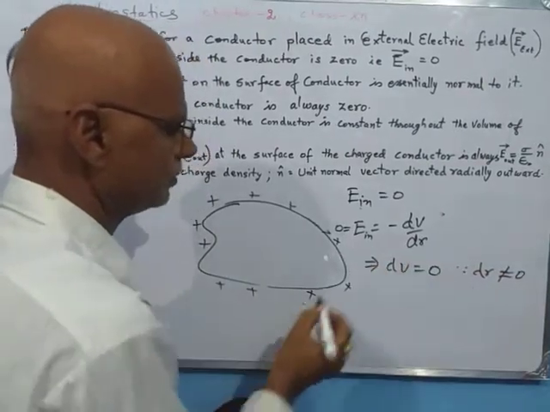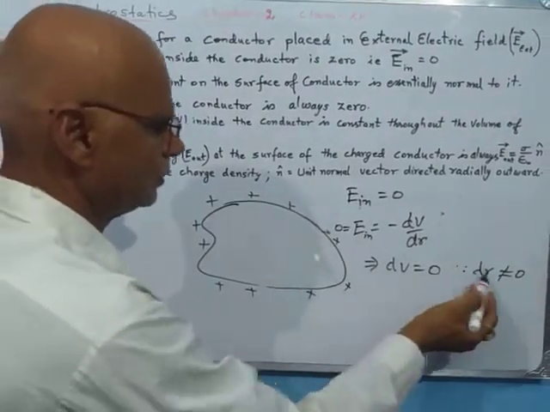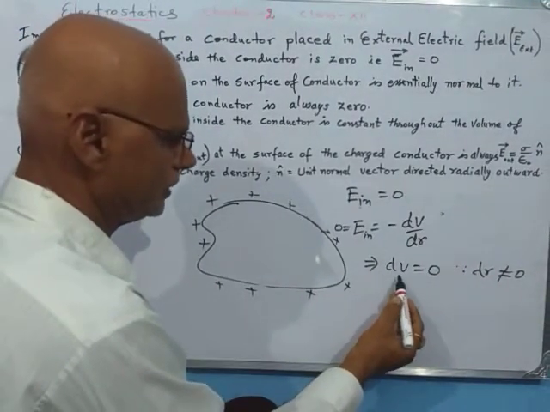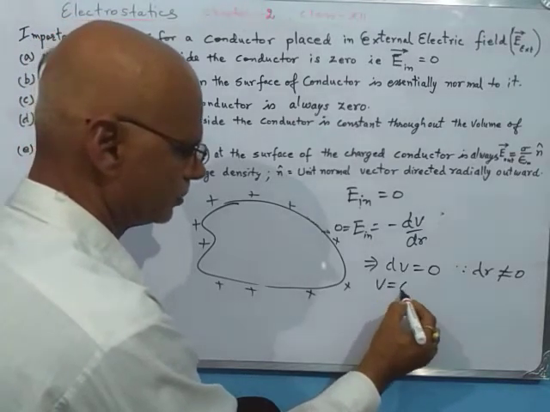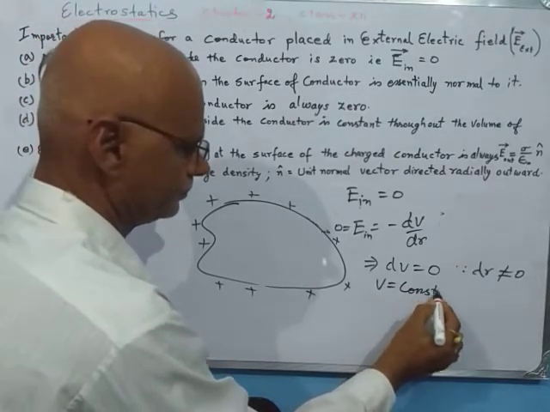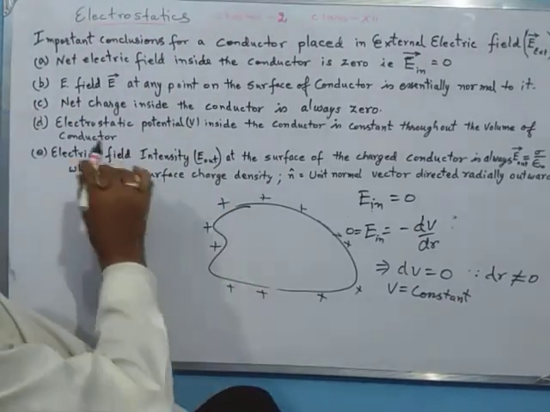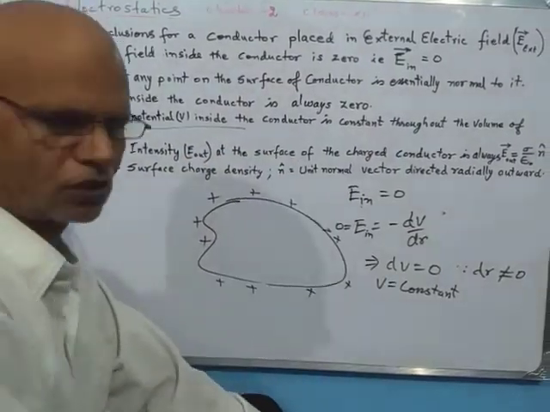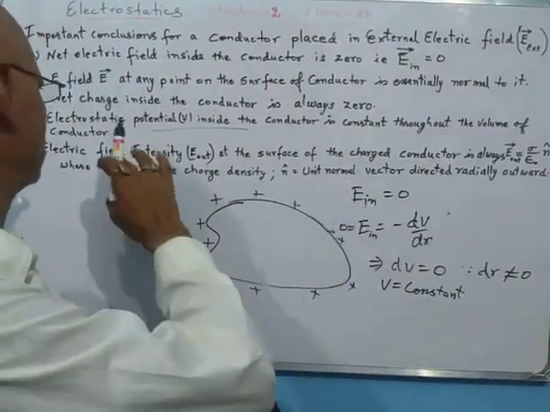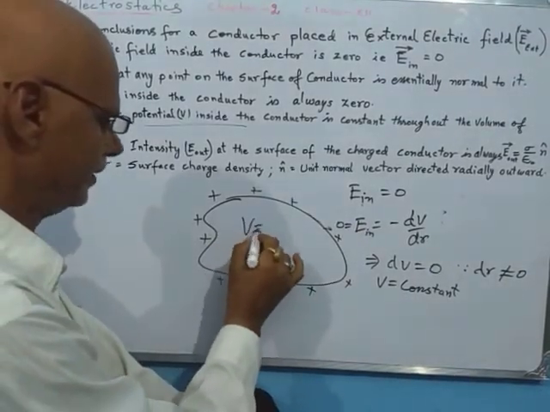It is a movement from one point to another for producing a potential gradient, so the change in potential is zero. That means potential is constant. So the electrostatic potential inside the conductor is always constant throughout the volume of the conductor; everywhere inside, V is constant.